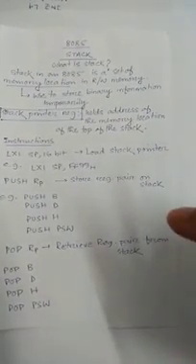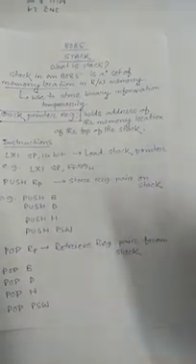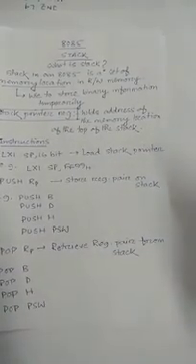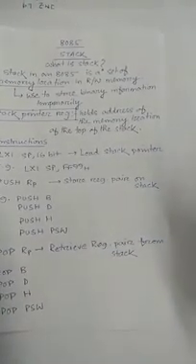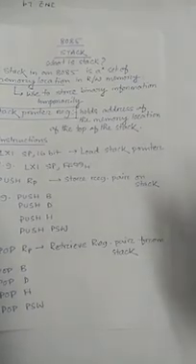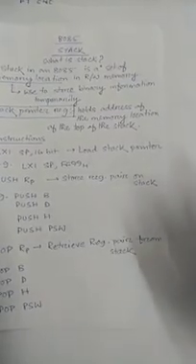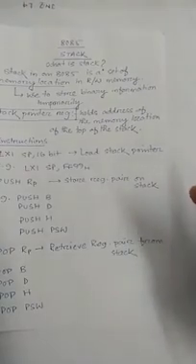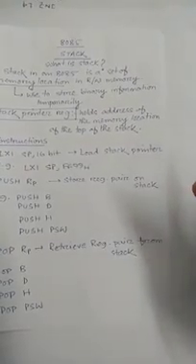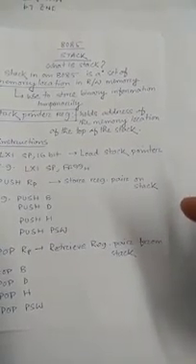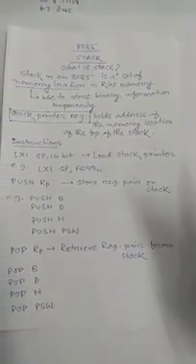The stack pointer register is decremented, and the content of the higher order register is copied to the location shown by the stack pointer register. Then the stack pointer register is again decremented by 1, and the content of the lower order register is copied to the location.